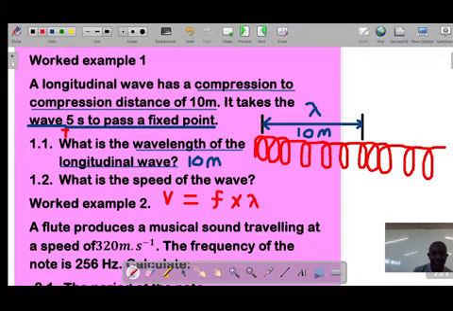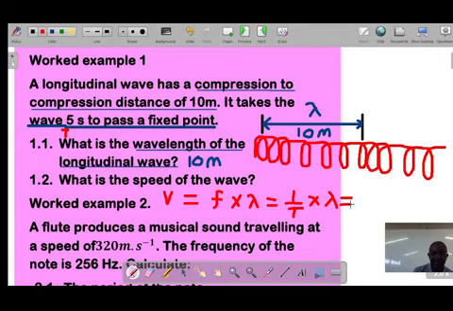Okay, now in this particular case, we know that the frequency is the same as 1 over T, whereby T is the periodic time. Then times the wavelength, which is lambda. What is its value?